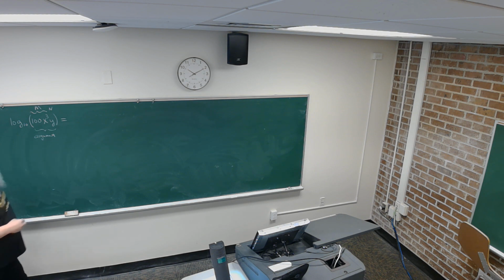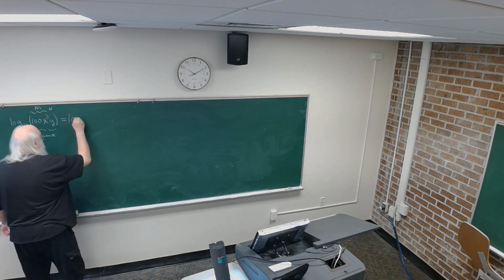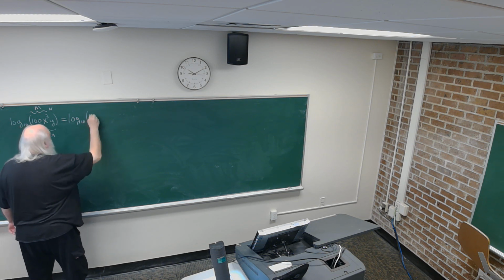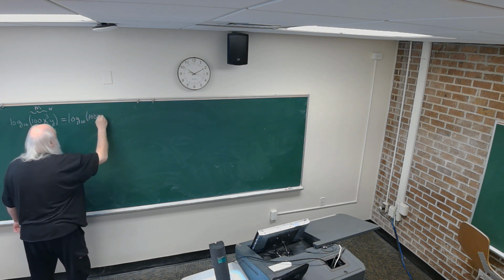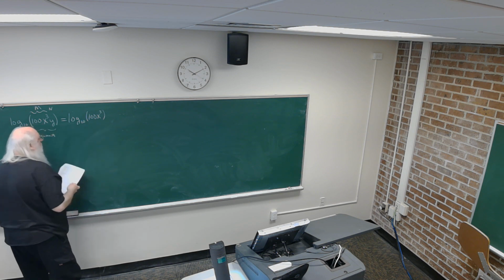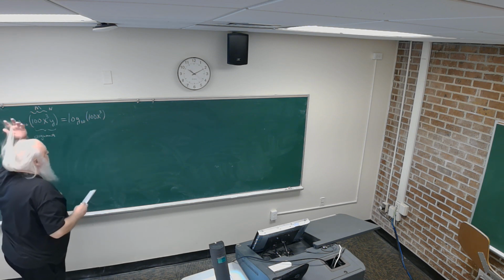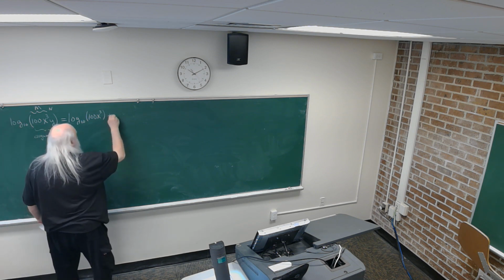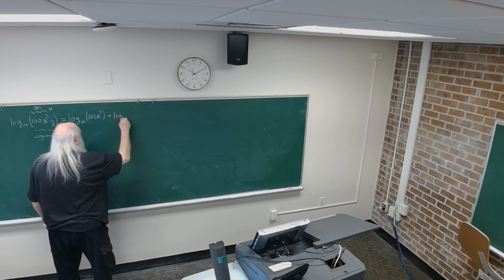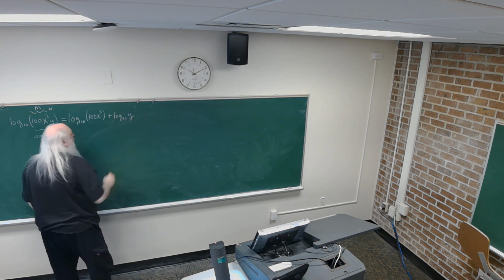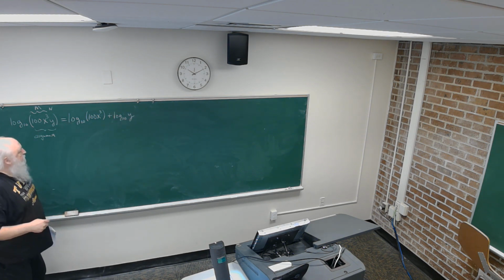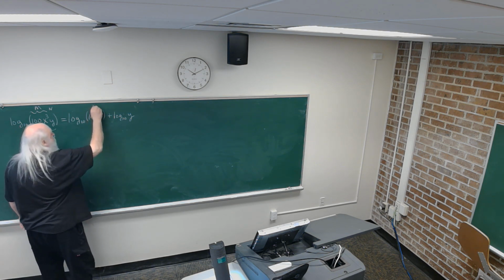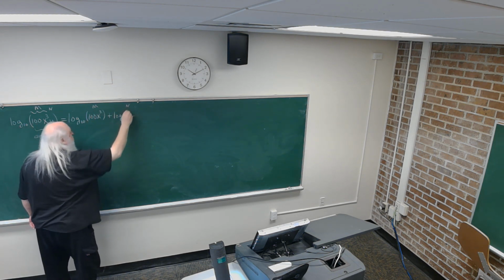And so by the product rule, that's equal to log base 10 of 100 times x cubed plus log base 10 of y. This is m, and this is n.